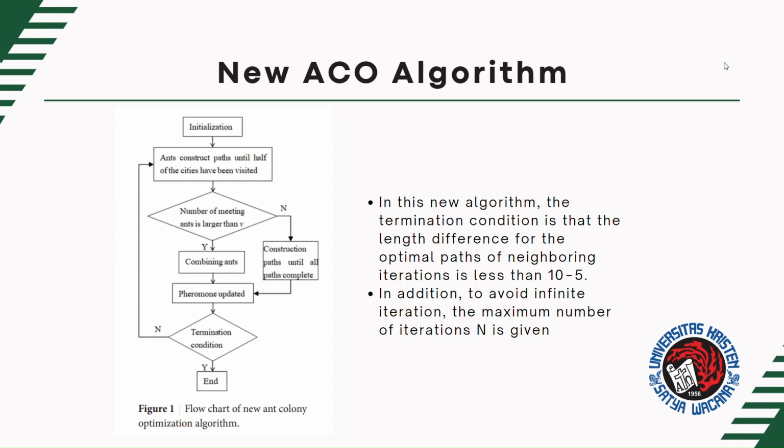In this new algorithm, the termination condition is that the length difference for the optimal paths of neighboring iterations is less than 10 to the power of minus 5. In addition, to avoid infinite iteration, a maximum number of iterations is given.